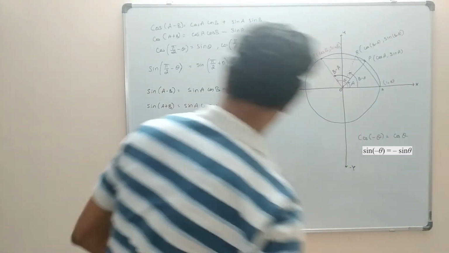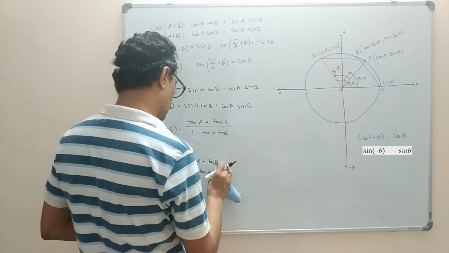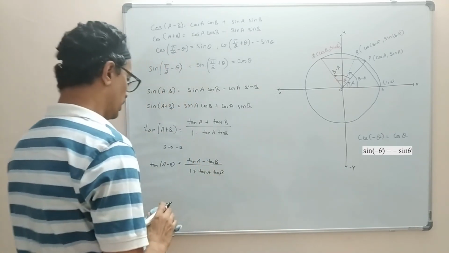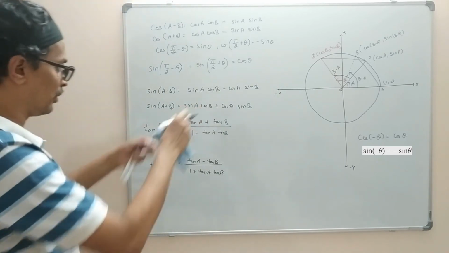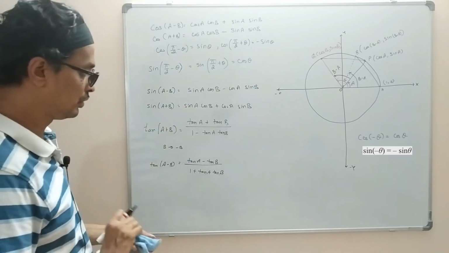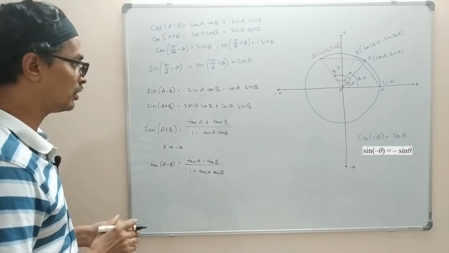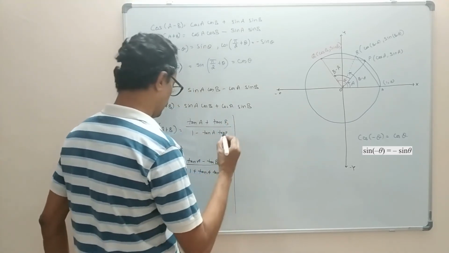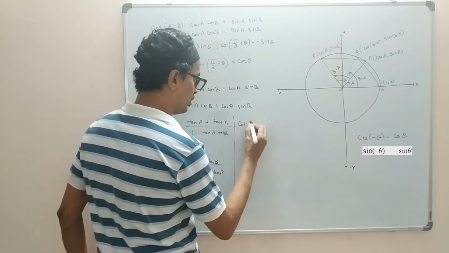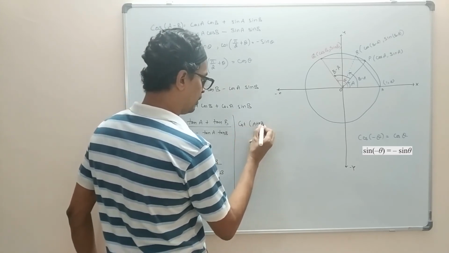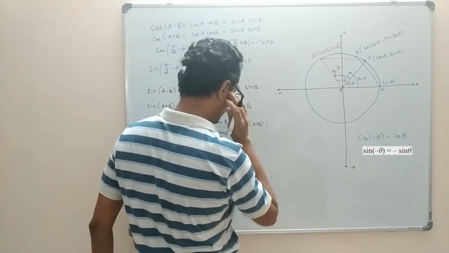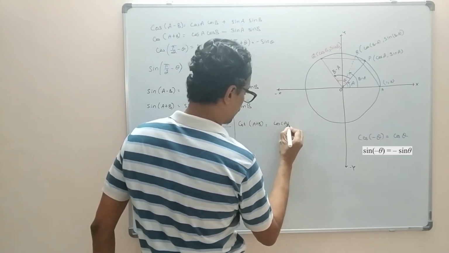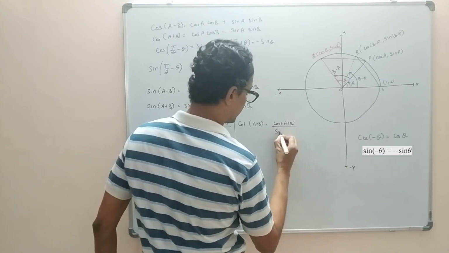Okay, so we can do it for cot also. Similarly for cot, it's just the inverse, 1 by tan. The same way you have to proceed further. Do you want to try for cot also? So if you want to write cot (A plus B) will be equal to what? Cot is cos divided by sin.